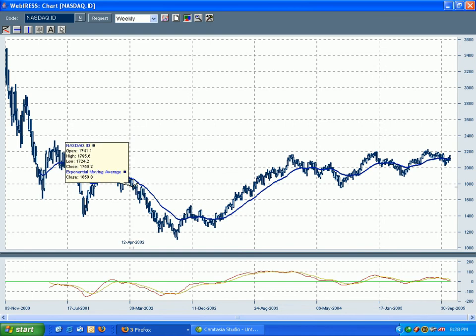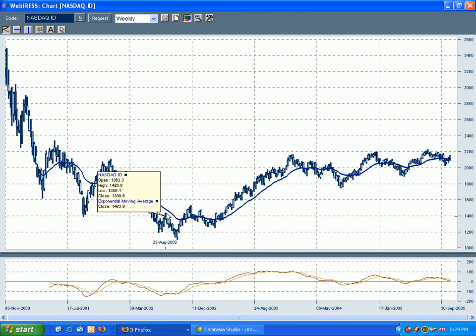It couldn't get past the moving average. It was like a moving brick wall above price.